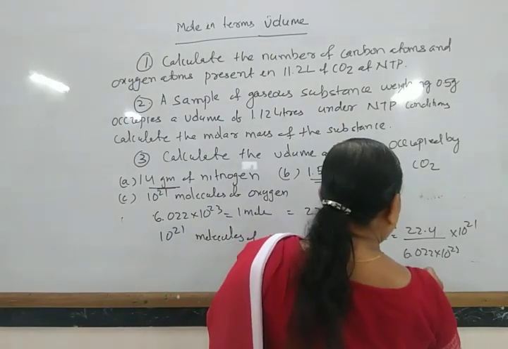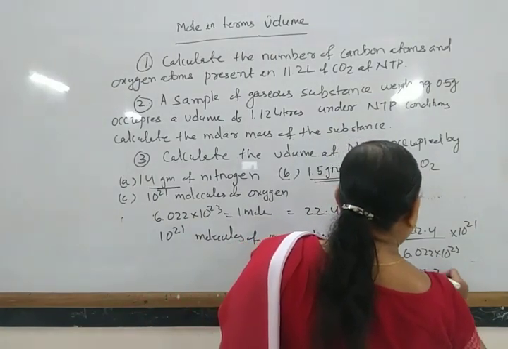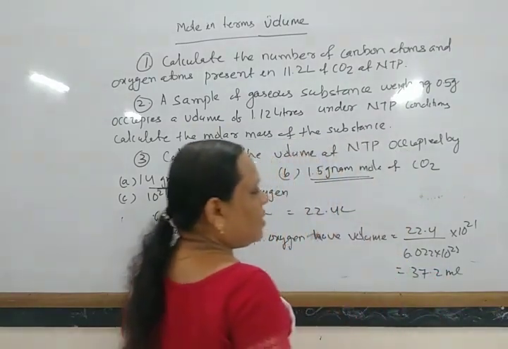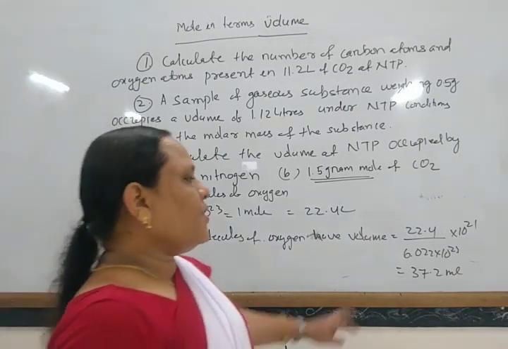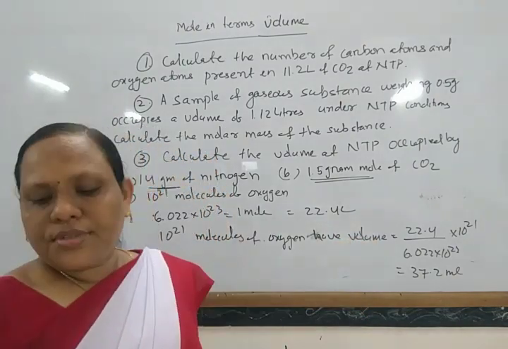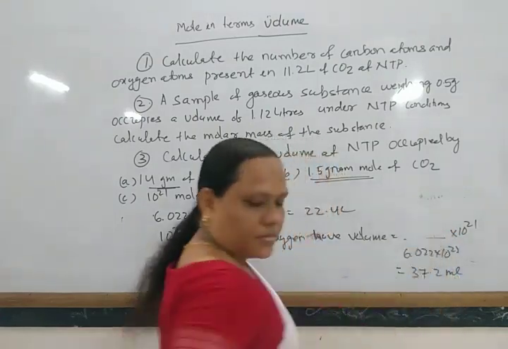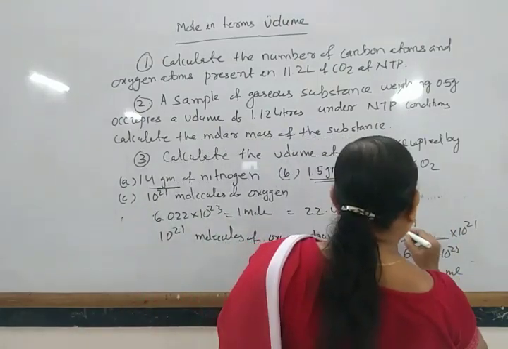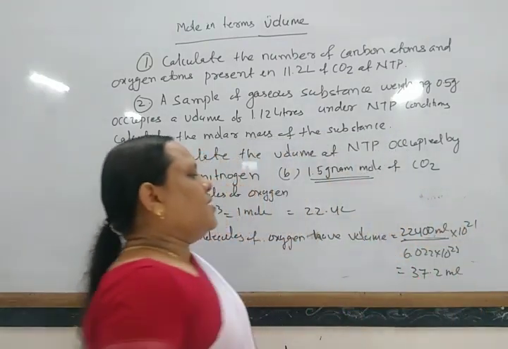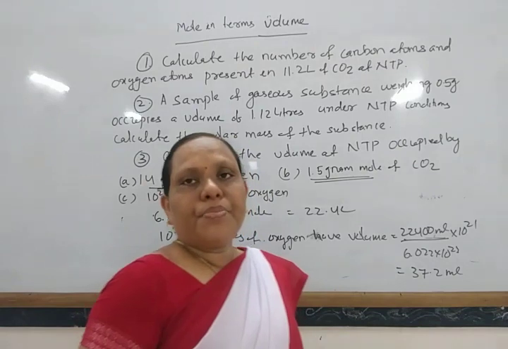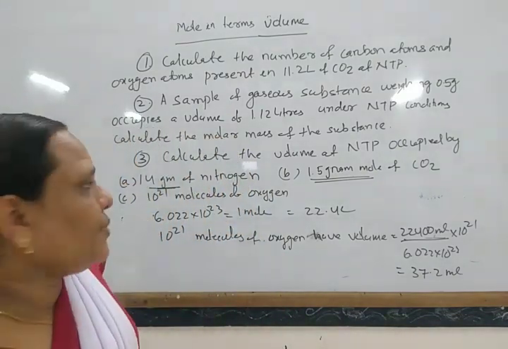That is equal to 37.2 ml. Okay, 37.2 ml. So in this way, 22,400 ml I can apply here, so it is 37.2 ml. Next come to question number 2.